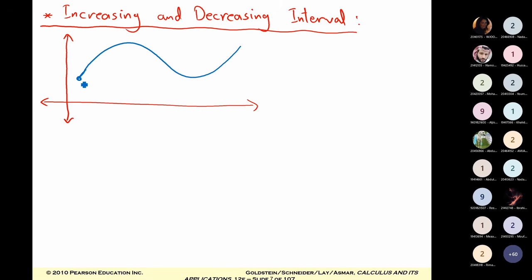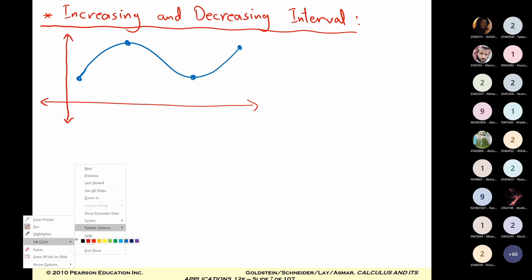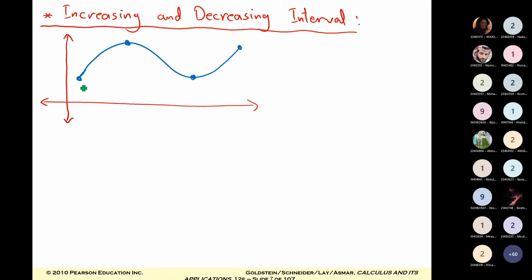We have 2 stationary points and this one. Look at the first point.